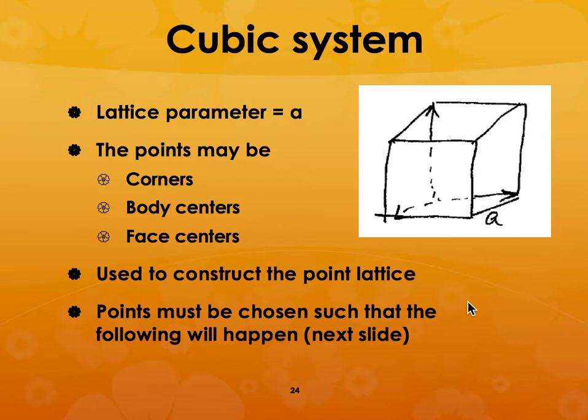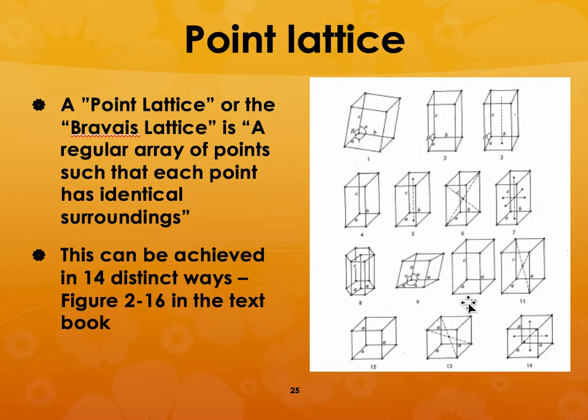And the points must be chosen such that the following will happen. So here again I was telling you, there are a total of 14 distinct ways in which you can achieve a point lattice. This is figure 2.16 in the textbook.